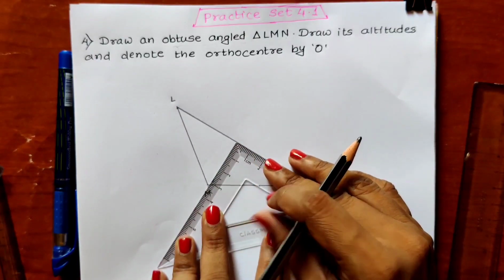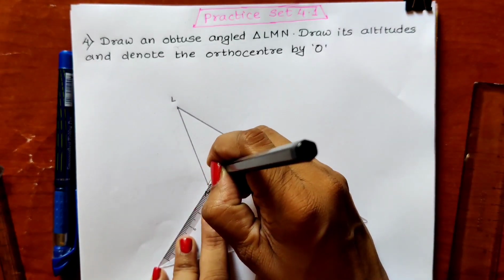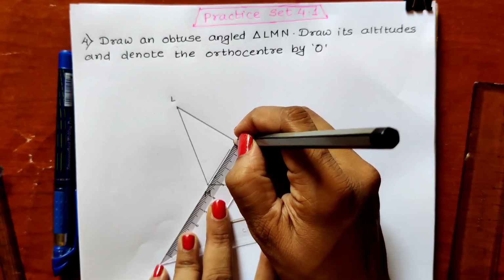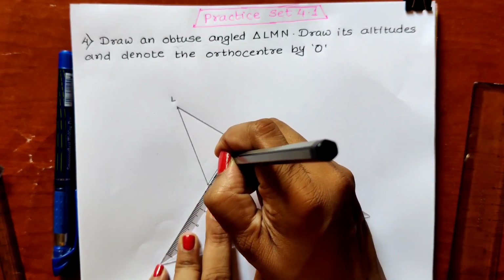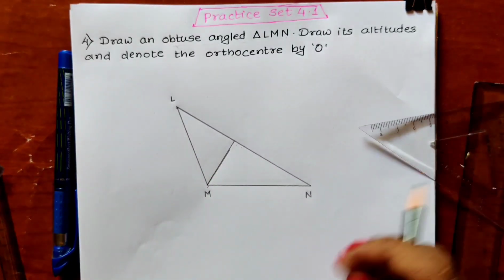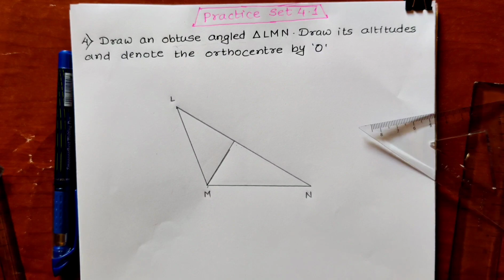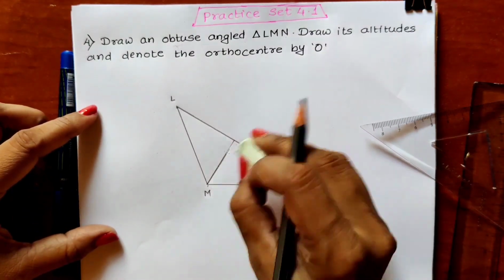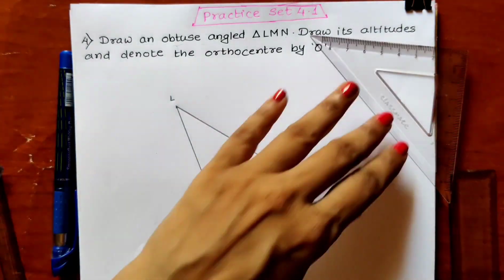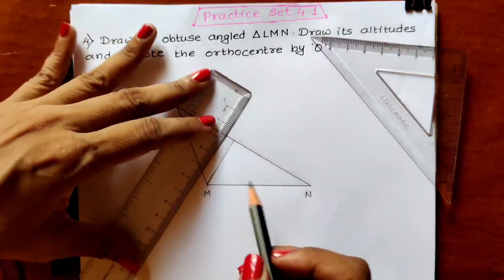Okay, I can extend this way. So here we have drawn, I will be joining with the help of my scale.